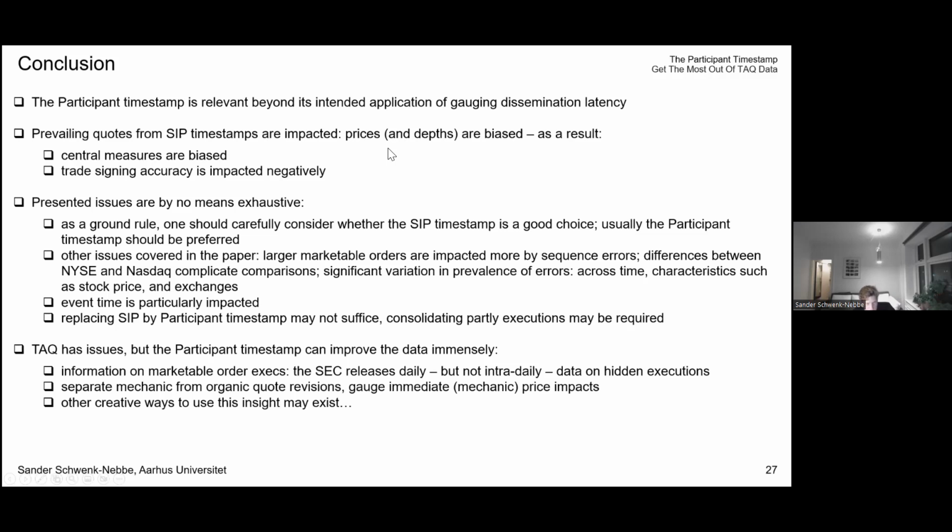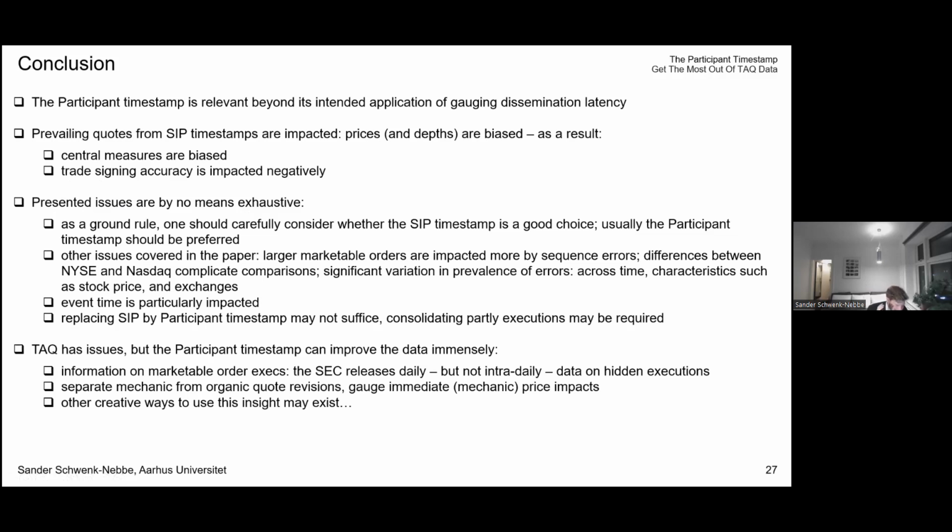So we saw that prices are biased, and as a result, central measures are biased, and trade signing accuracy is impacted negatively. So you should fix those sequence errors if you want to obtain the most accurate trade signs and the most accurate central measures. What I presented here today is just a small extract of the paper. If you want more information about this, then of course, you could read my paper, that would be nice.